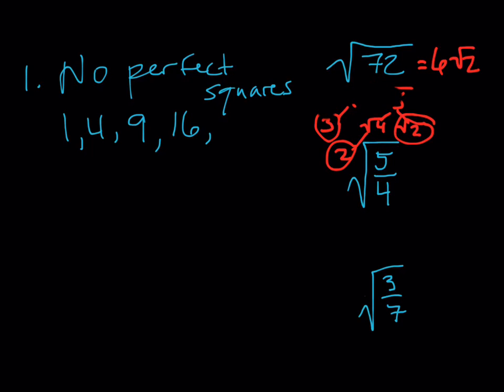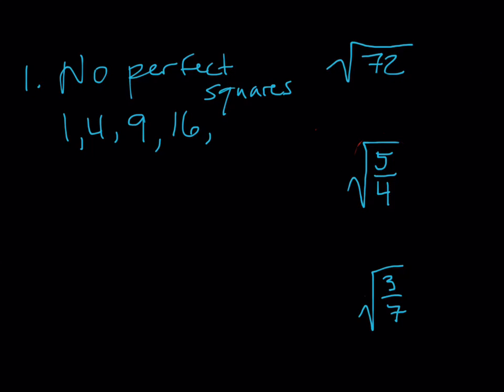Alright, a second rule for simplifying square roots, in addition to making sure that we have no perfect squares as factors, is that we also want to make sure that there are no fractions inside square roots. So on the right here we have the square root of 5/4, and that's not considered to be simplified because it's a fraction inside a square root.